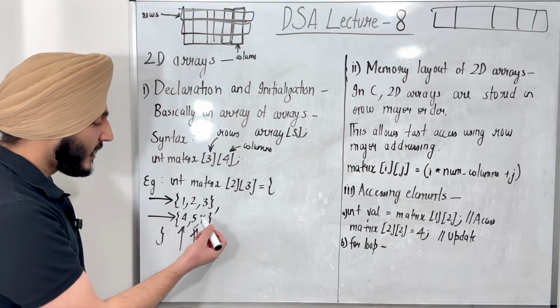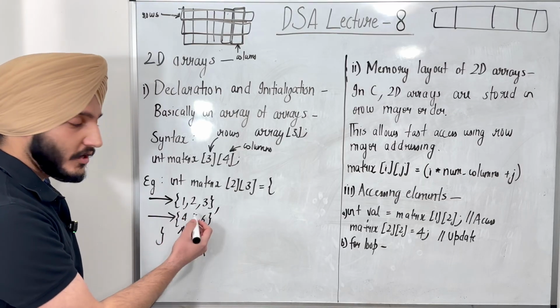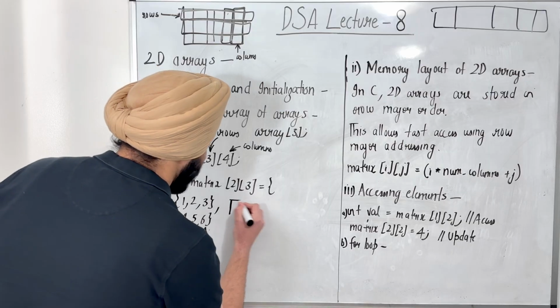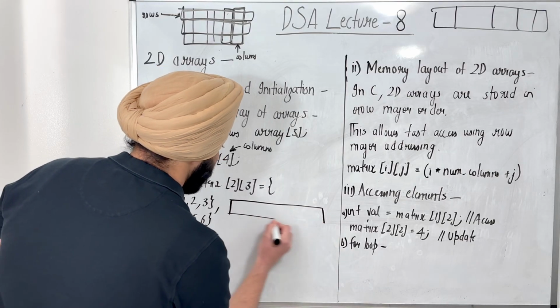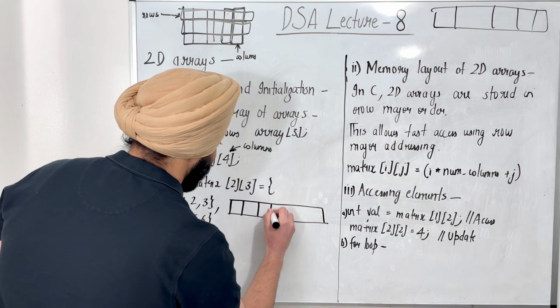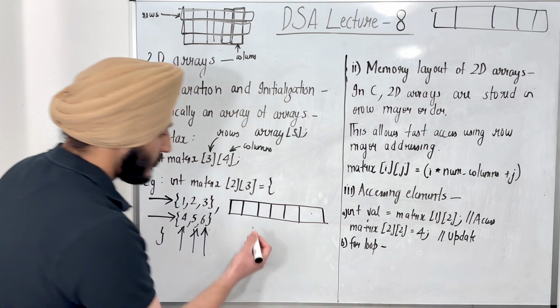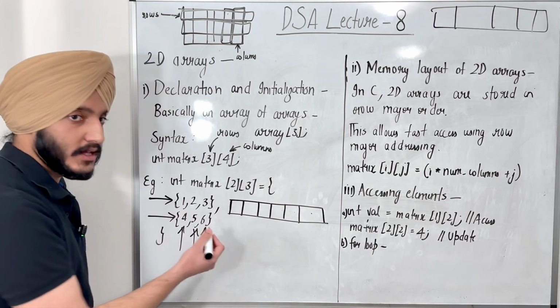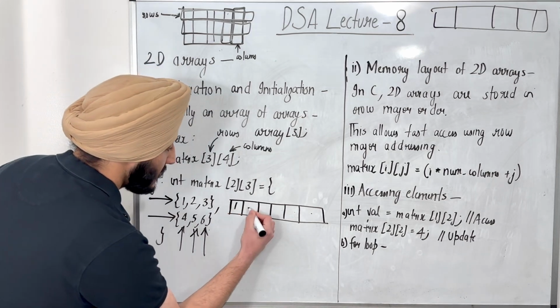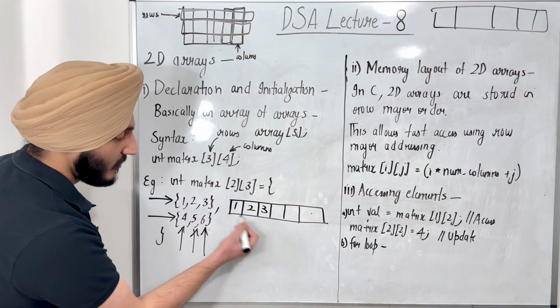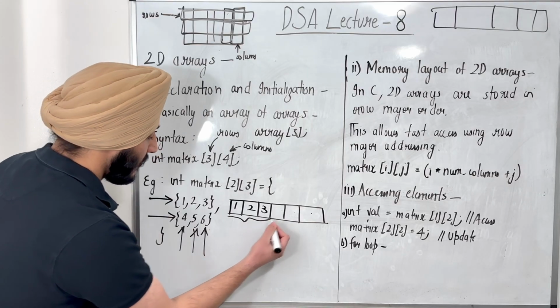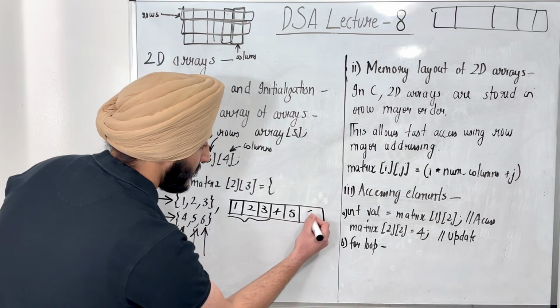So if I take a look at this example, right, what's going to happen is my computer is going to create an array of 6 elements. So it would have 6 elements in it, and the way they would be stored is first it would store 1, 2, 3, which is the first row, and then it would store 4, 5, 6.